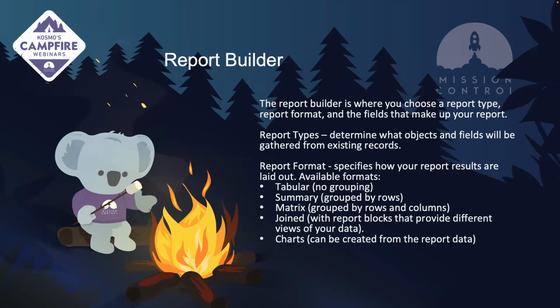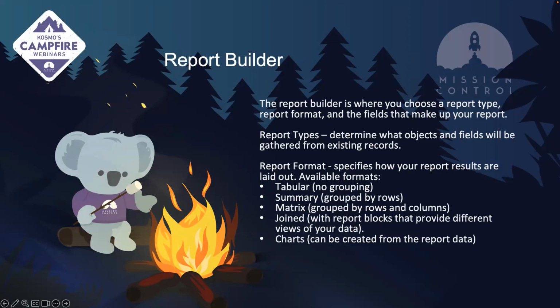That can be used for grouping, filtering, and further sorting the data in the report. Summary fields will be a number, percentage, or currency, or summarized by sum, average, minimum, or maximum from the data available in your report. And then your formulas can be created with specific information. So we'll take a look at that as well.